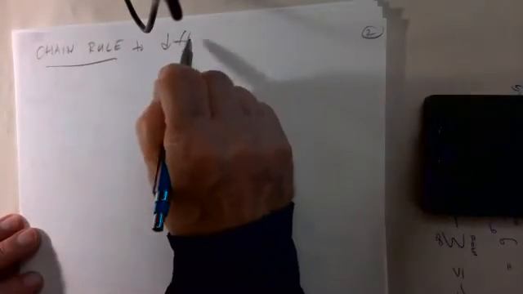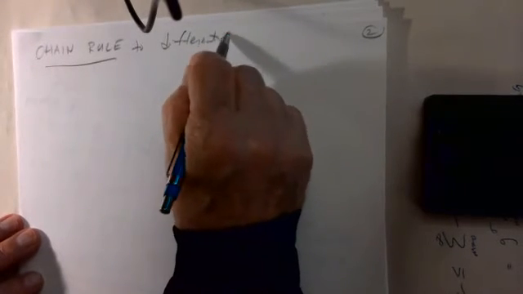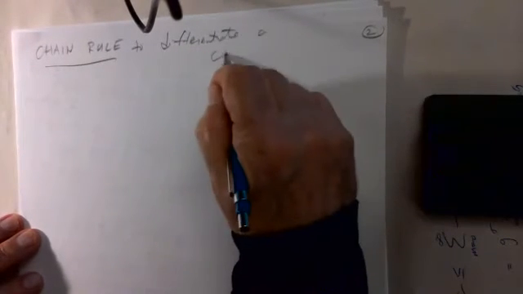And the chain rule is a rule to differentiate a composite function. So this is the chain rule. The chain rule is to differentiate a composite function.